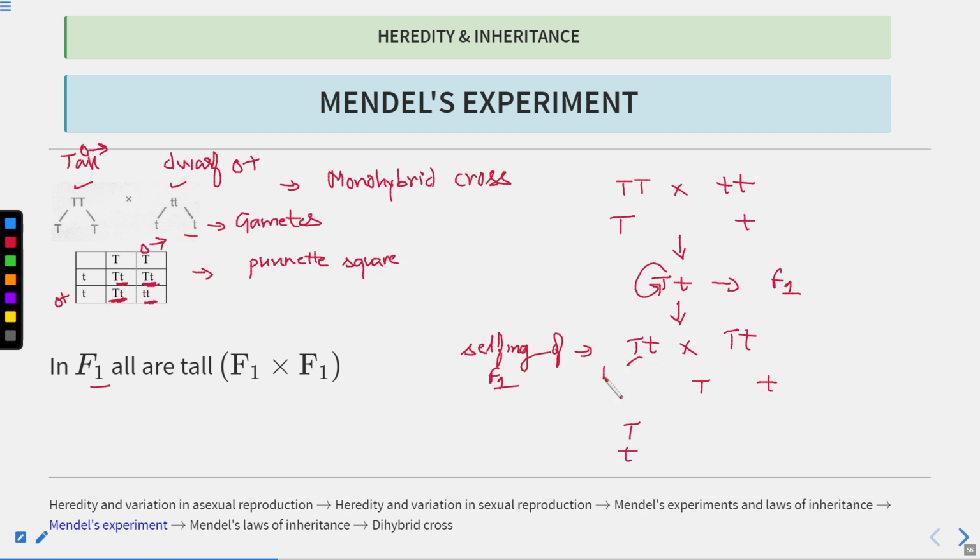This will produce T and small t, this will also produce T and small t. Clear? So now we draw a Punnett square. So here capital T, small t, capital T, small t. So this is the F2 generation.